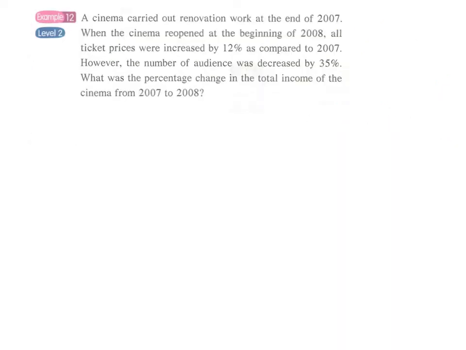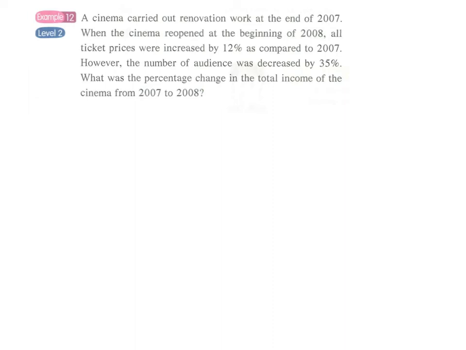Finally, we come to example 12. A cinema carried out renovation work at the end of 2007. When it reopened in 2008, all the ticket prices were increased by 12%. The number of audience, however, dropped by 35%. What is the percentage change in the total income of the cinema from 2007 to 2008?